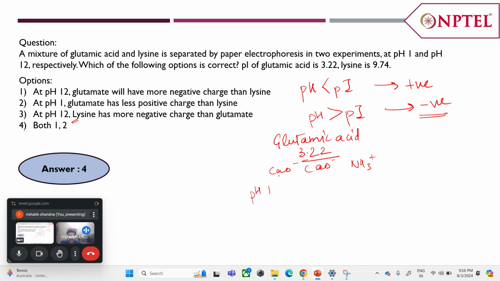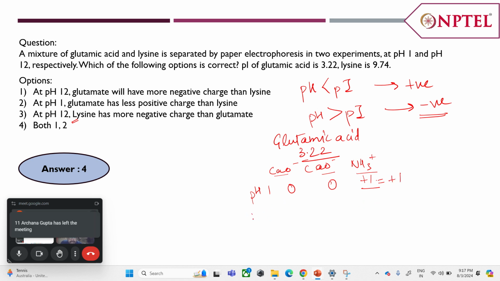The pK values are around 4, around 2, and this is 9.74. So the charge on this would be 0 because H would be attached. Charge on this would be 0 because it would be attached, and charge on this would be plus 1. Okay, so the net charge would be plus 1.